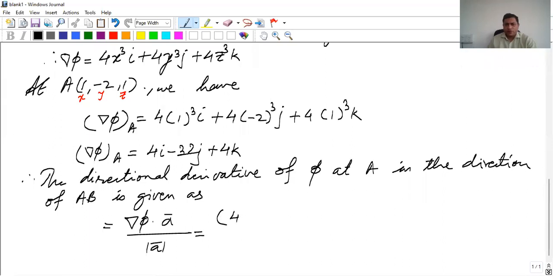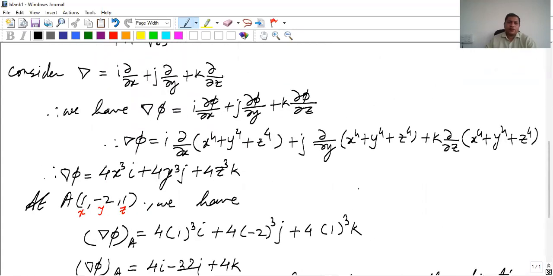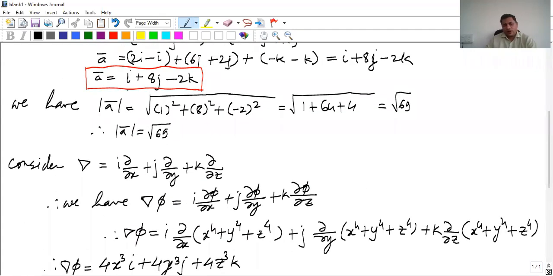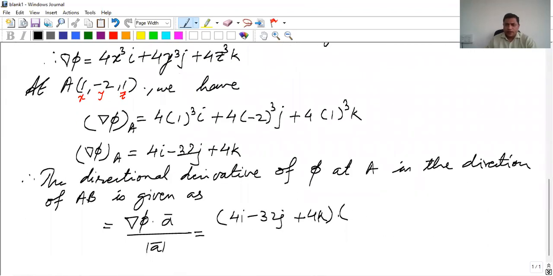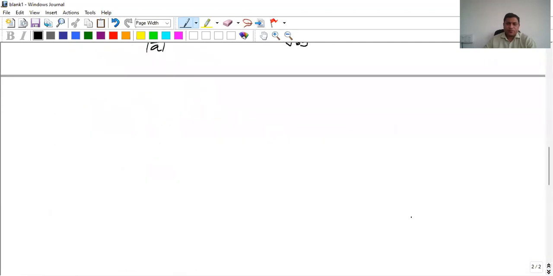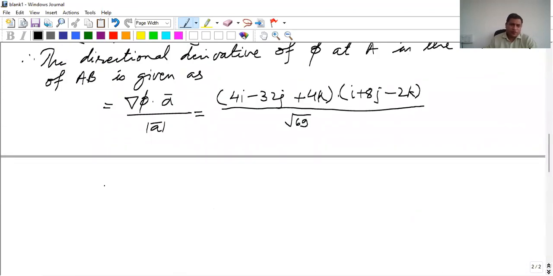So we have (4i minus 32j plus 4k) dot A bar, which we have calculated as i plus 8j minus 2k, divided by root of 69. Are you getting this step? Yes, sir.